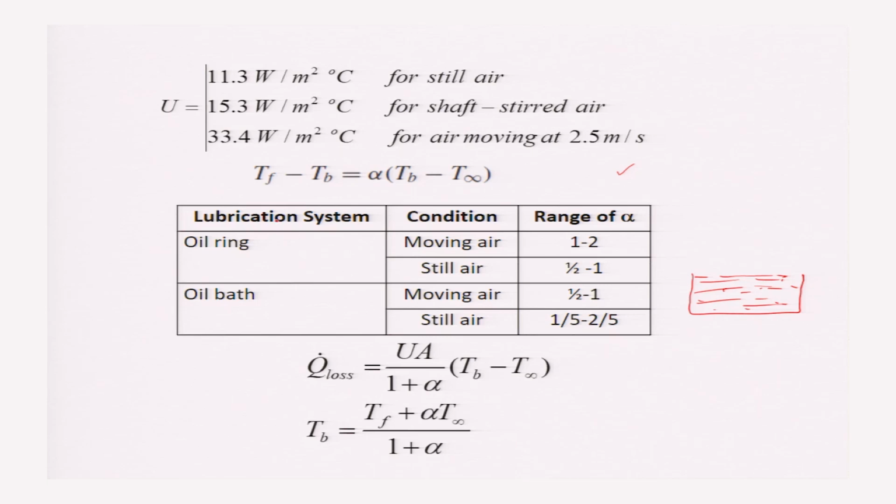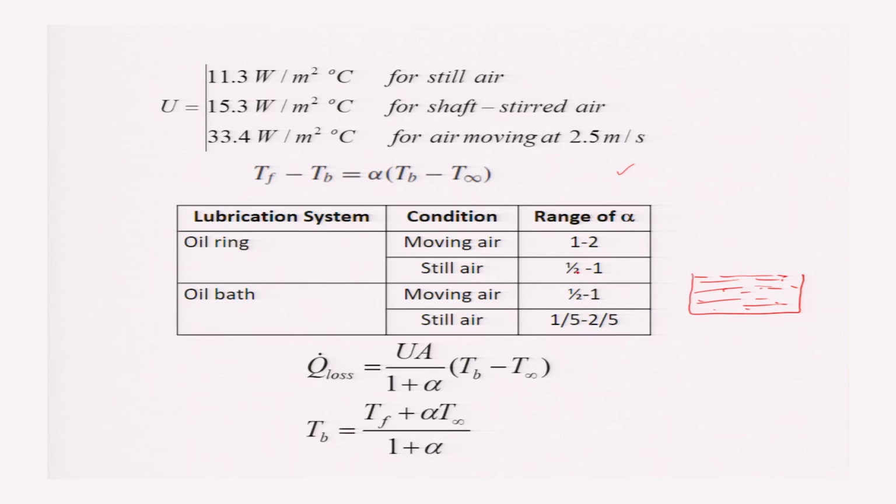So, depending on the lubrication system and the condition of air, either it is moving air or still air, we have the value range of the alpha. So, knowing the condition and the lubrication system, we will get the value of alpha from this range of alpha.